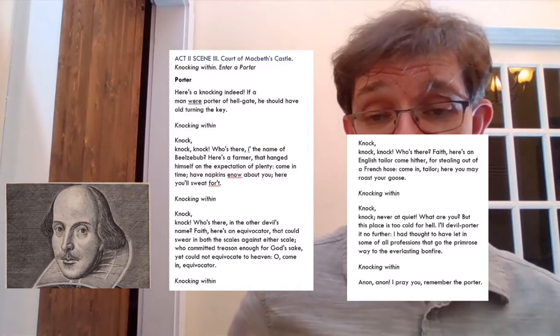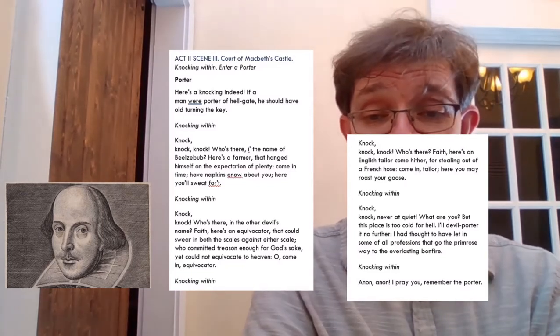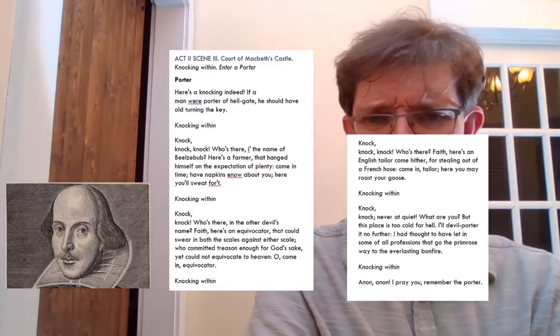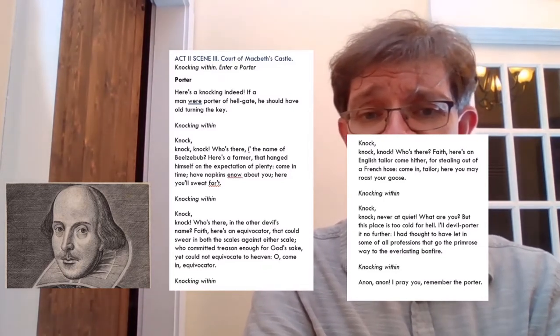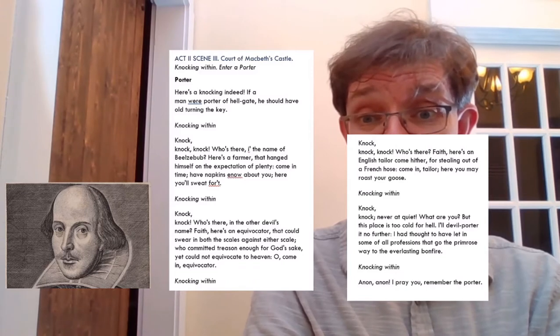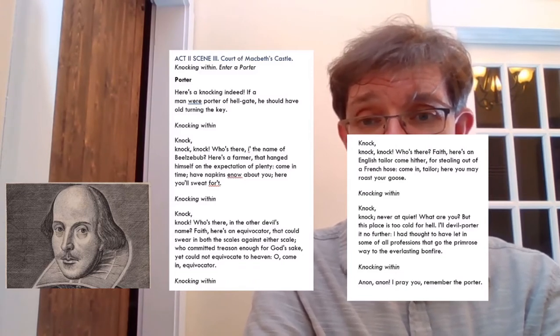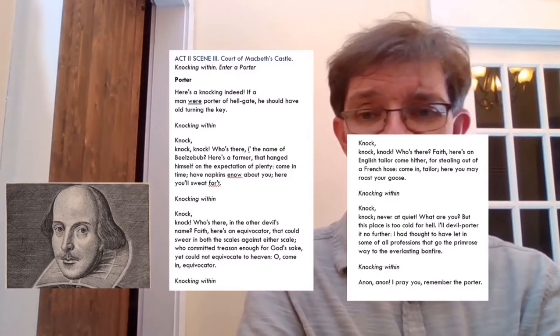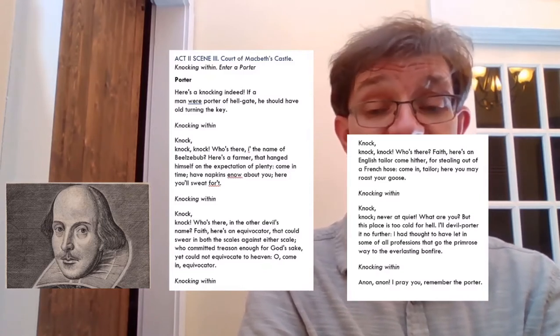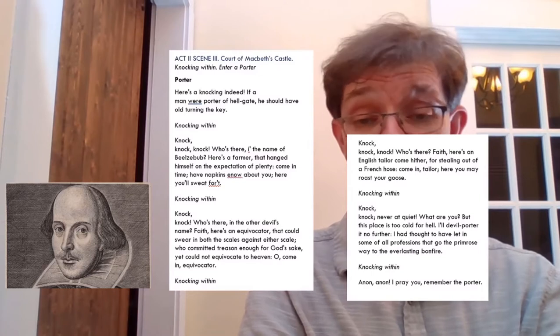The servants had been gotten drunk and given a knockout potion in their drink, so Macbeth was able to sneak in and murder the king. He goes back, his wife says, you did murder the servants as well? No, you've got to blame them, murder them, and all will be good. So he goes off and he murders them.